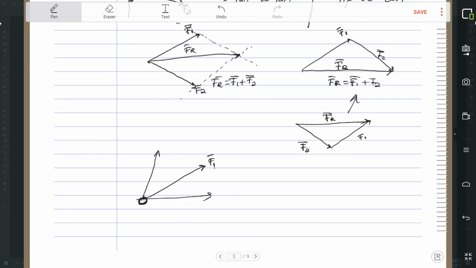So you want to know what's the effect of the amount of force in the X direction, and what's the effect of the amount of force in the Y direction. So then you can resolve your forces. So then resolving it means you'll have your Fy and your Fx. That's all we mean when we're talking about finding the components. So now you have all the components. You have the X component of F1 and the Y component of F1.